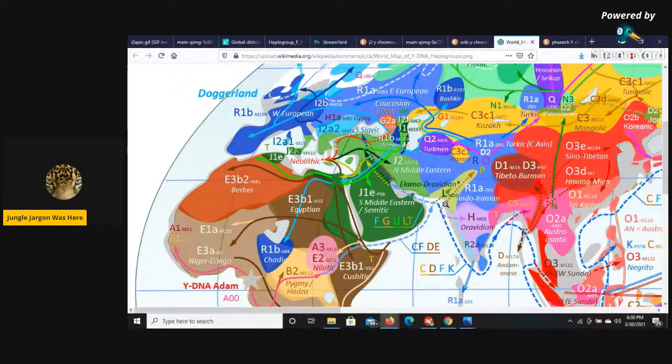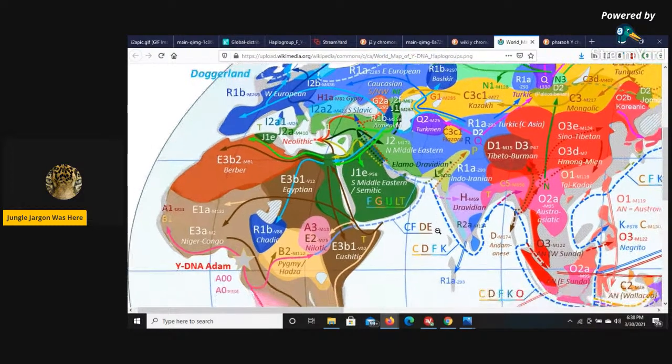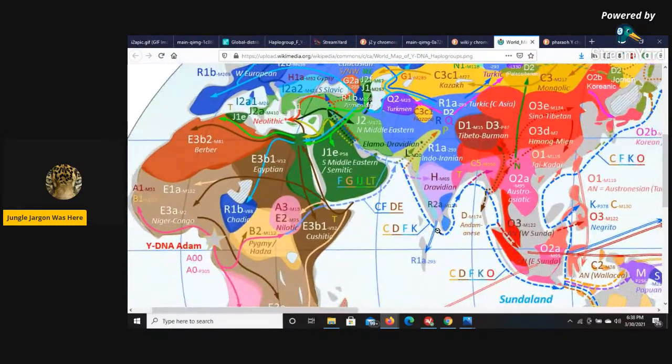So the Elamites are probably the F. And the H, if it's not the Elamites, it's probably the Arameans, which also went the other way. I'm thinking the Elamites only went this way.